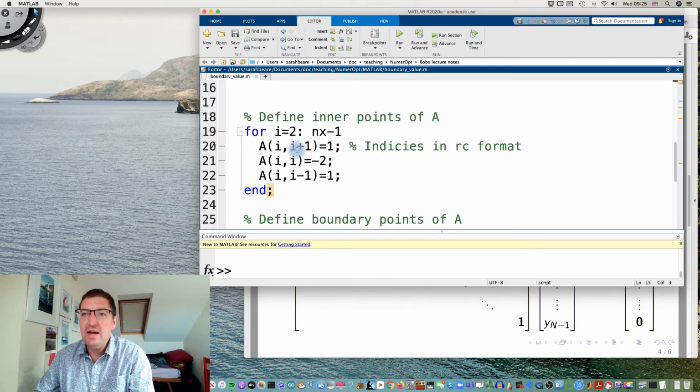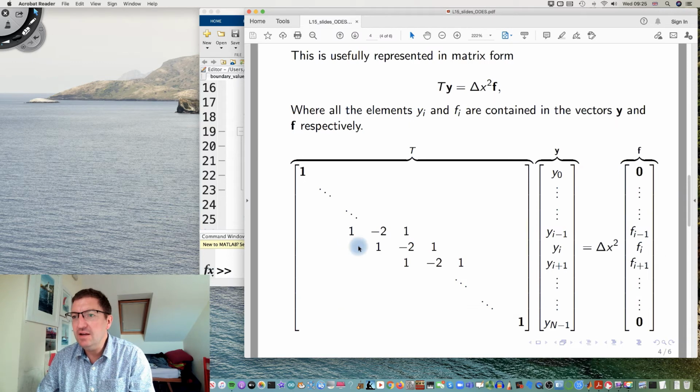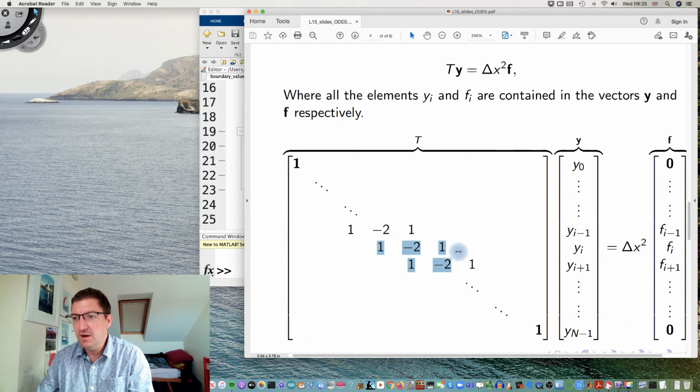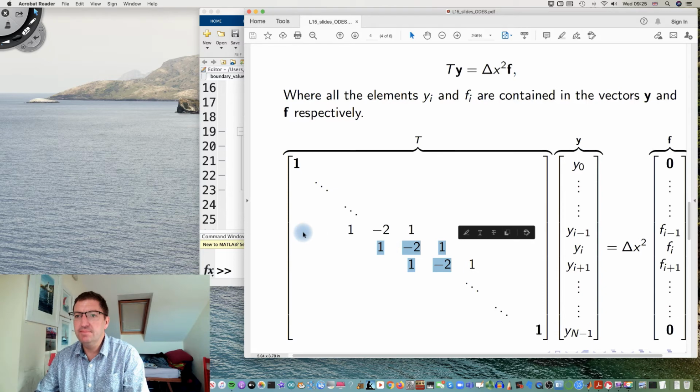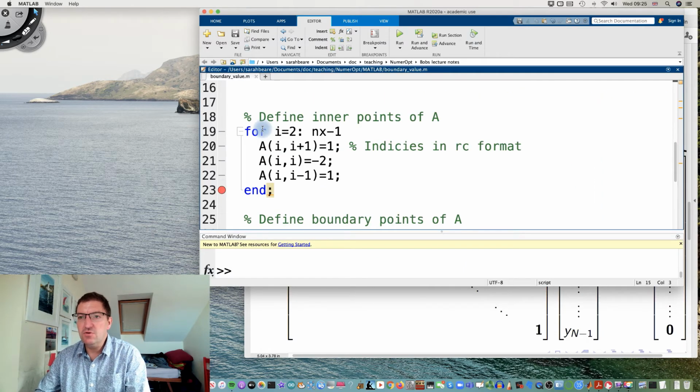So we now need to define this matrix A, and the first thing to do is define these inner points, which are 1, -2, 1. Basically we just construct a loop from 2 to nx minus 1. So that's for all the interior points.